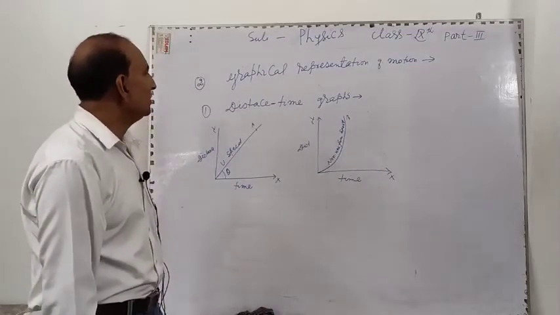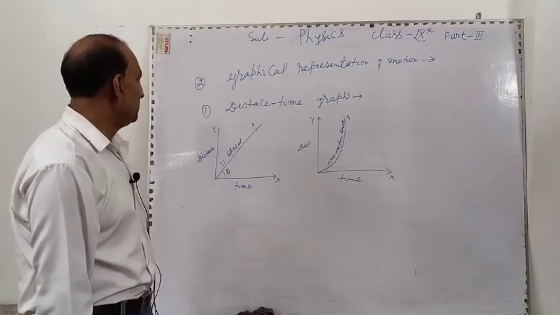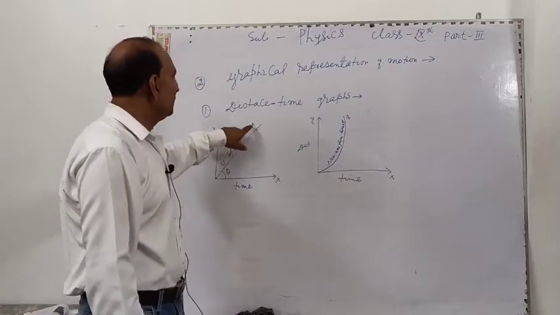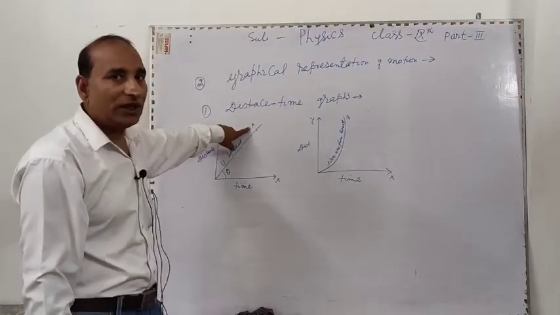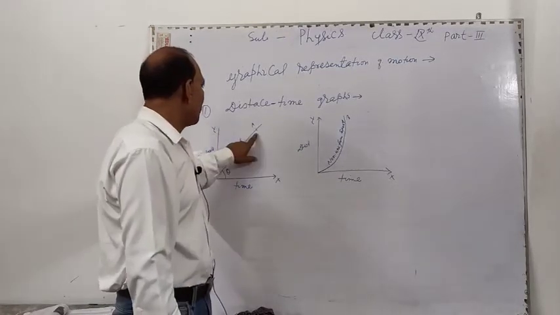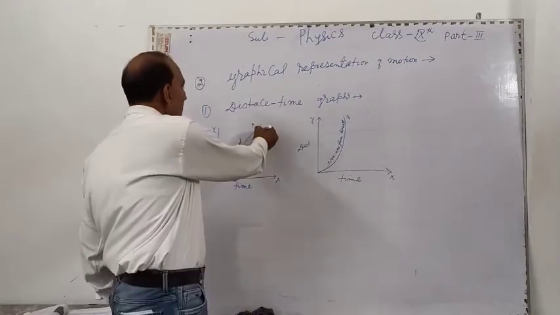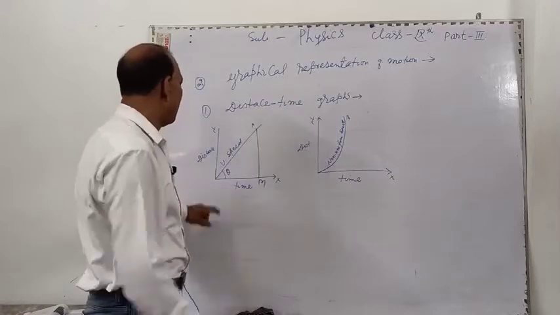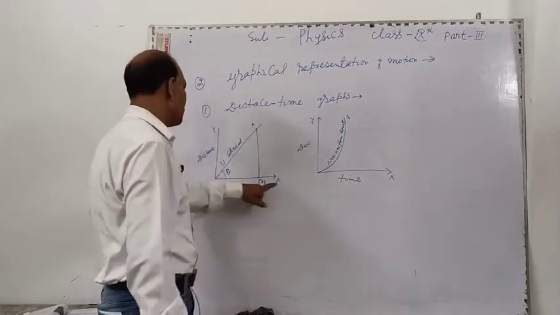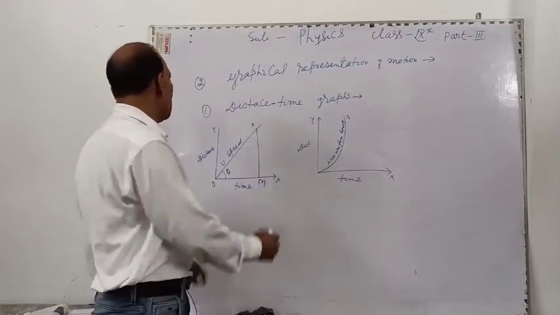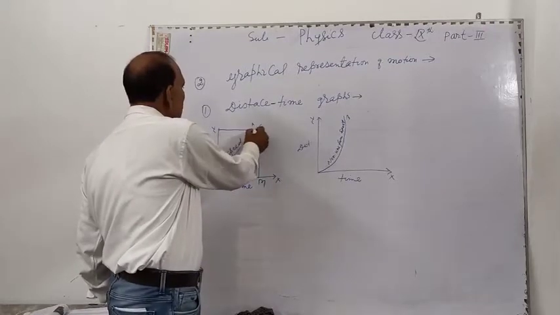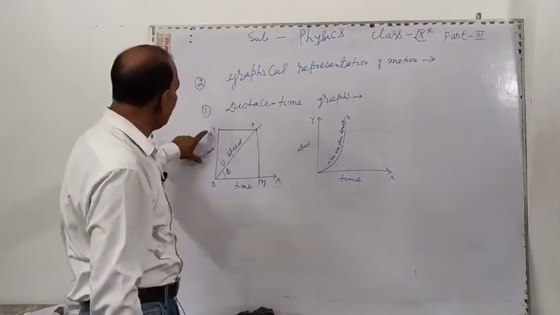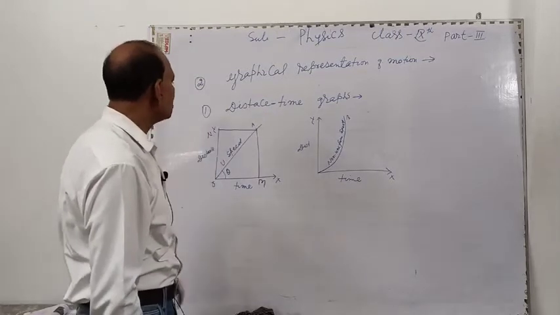For uniform speed, we take a point A on the graph and we draw perpendicular AM from A on the x-axis, that is the time axis, and also AN from A on the distance axis.